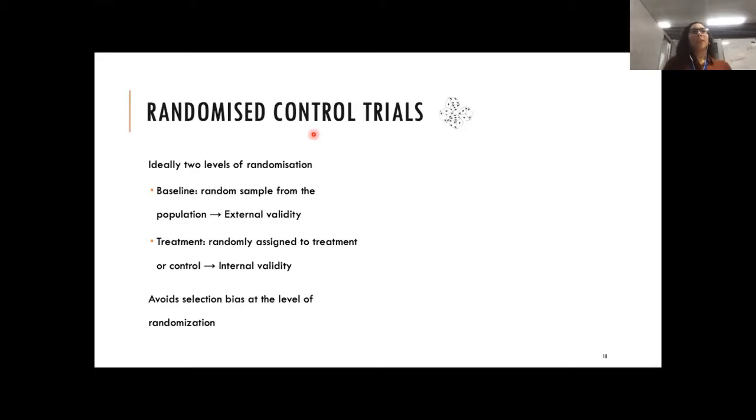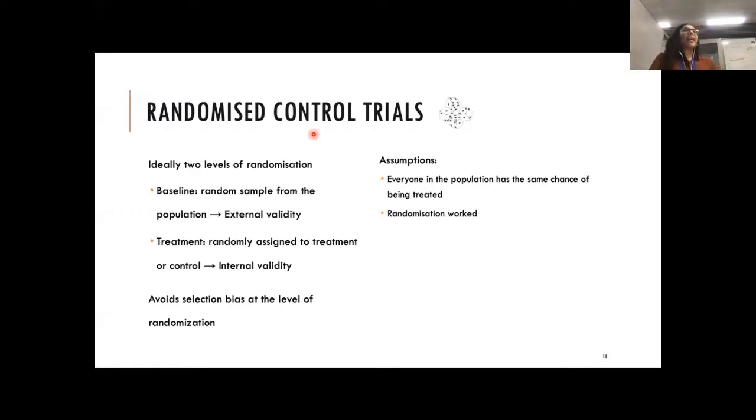If you think about it, there is no characteristic of an individual that makes them more likely than any other to participate in the program or to receive the intervention. So the assumption for this method is that everyone in the population has the same chance of being treated, and that translates into our randomization.